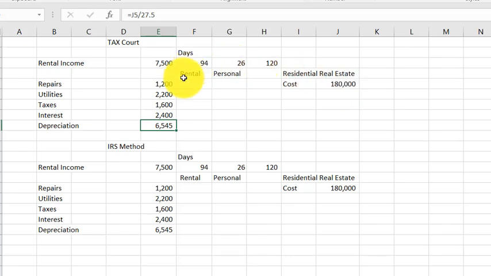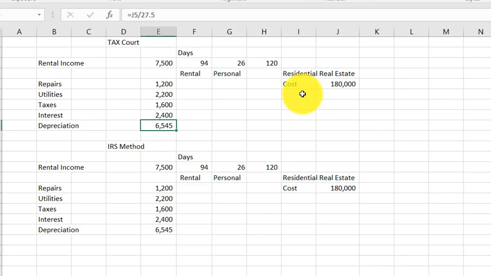So that's why I've taken the cost divided by 27 and a half. I'm going to assume that we're well into the useful life. This isn't a brand new property, so I don't have to worry about how many months or what time of the year it was bought. It's just a nice straight line amount of depreciation.